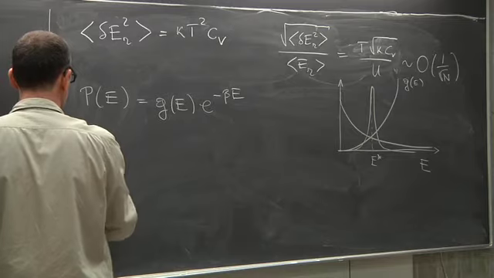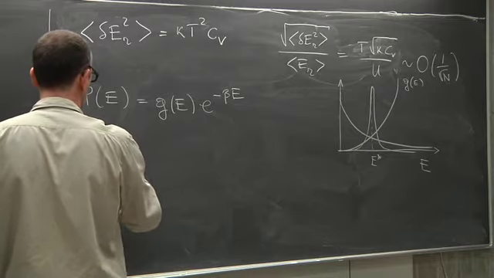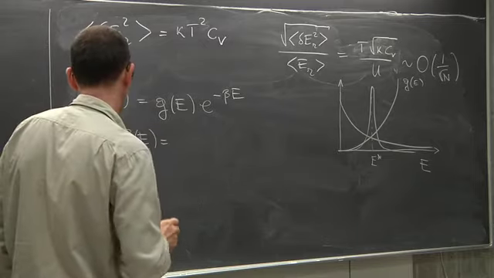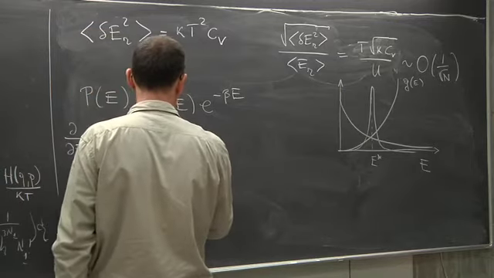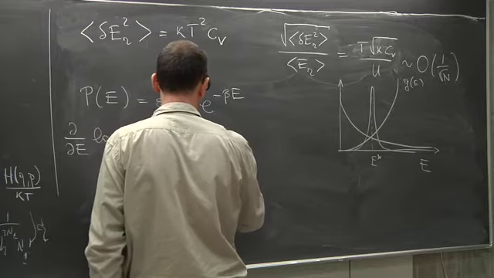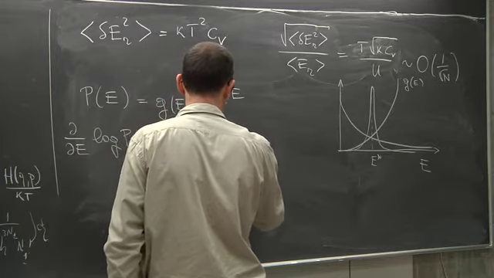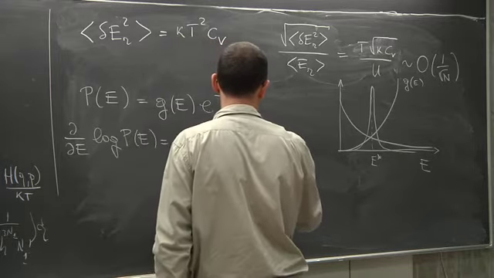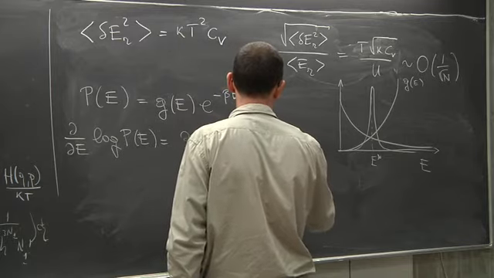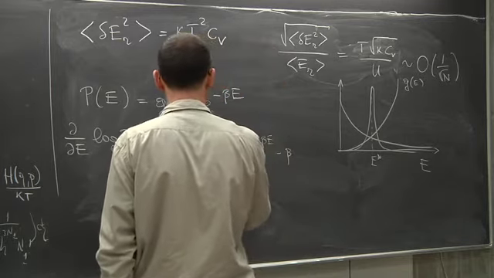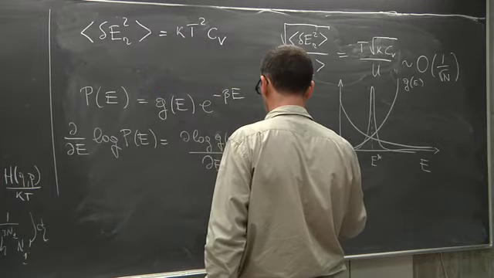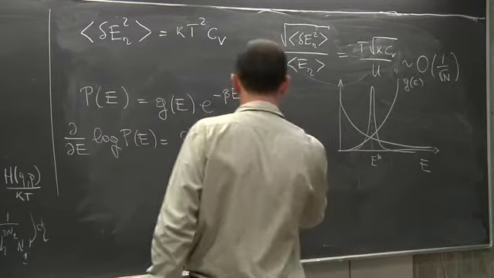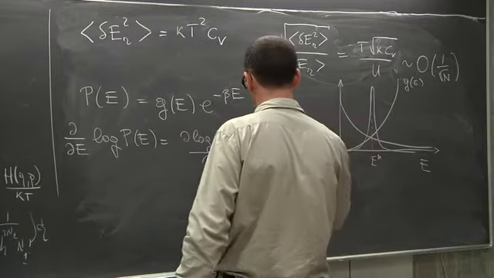I should take the derivative with respect to E of the log of P(E), which is the derivative of log of G(E) with respect to E times E to the minus beta E, minus beta.